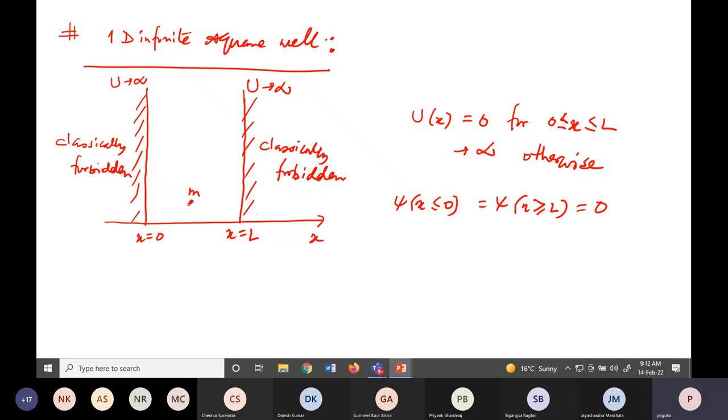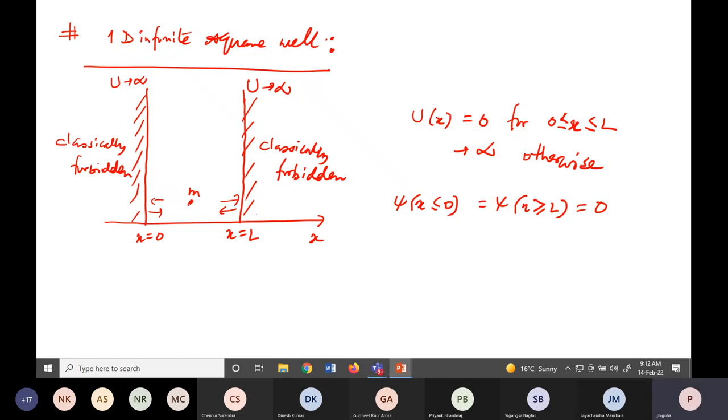You can find out the speed and so on, and the particle will move freely here, it can bounce back, go there, bounce back, and so on and so forth. So that's the classical viewpoint. The particle might have any energy inside, continuous or arbitrary, and it will move freely here and there, bouncing back from the wall.